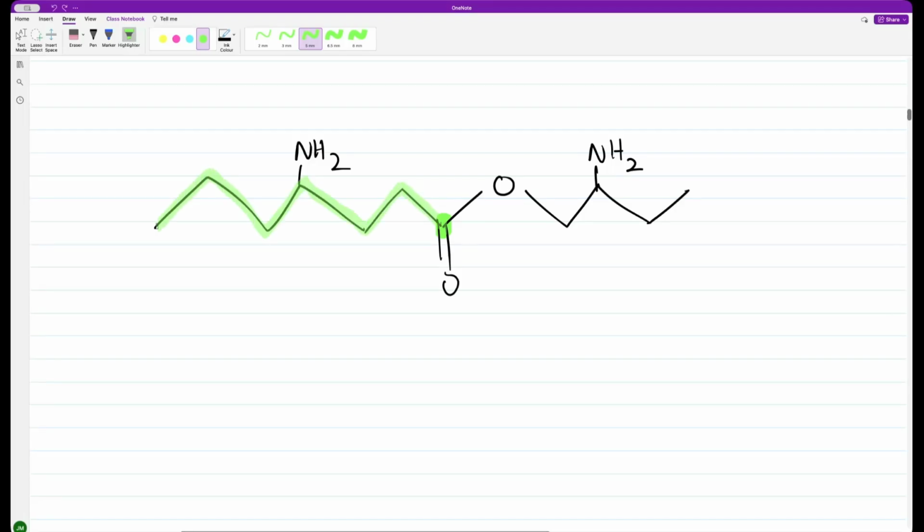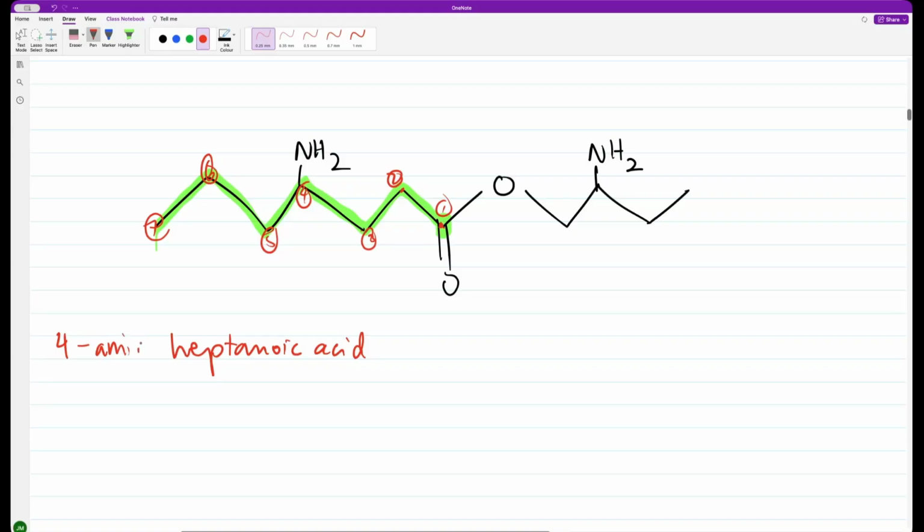So you always find the carboxylic acid side by tracing back from the carbon double bond O. All right, so this carboxylic acid side has 1, 2, 3, 4, 5, 6, 7 carbons. So this is a heptanoic acid. It's not just the heptanoic acid. We've got an amino group on carbon number 4. So this is 4-amino heptanoic acid. The alcohol side, what does that look like?